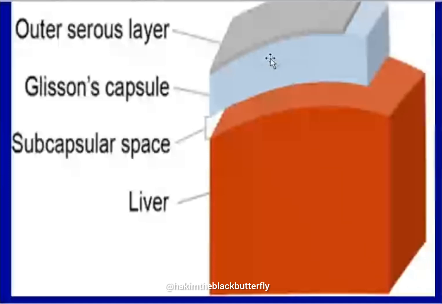Deep to the fibrous capsule is a collapsed space, which is potential. It can accumulate blood if the liver is damaged, known as the subcapsular space. And after that, you have the liver parenchyma or liver cells. These are the layers which are lining the liver, and that's very, very important.